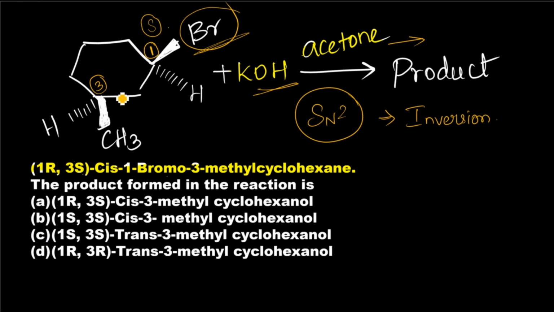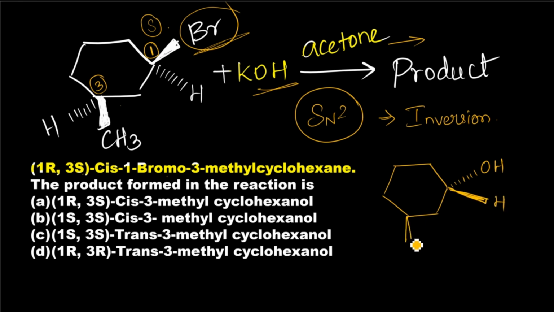Let's see the remaining also. Here I am having 3S. Okay, sorted. Cis or trans. See, the product will look like this. Product will go to the opposite position.